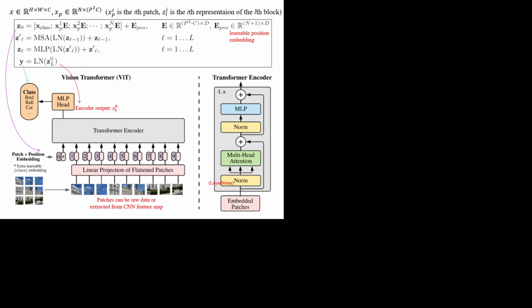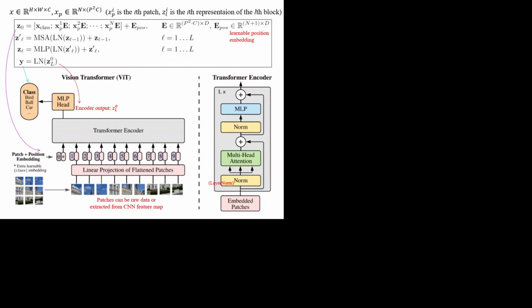So this is the general framework of ViT. You can check from here. Suppose I give you an image like this, and I want to transform this image into a representation vector.